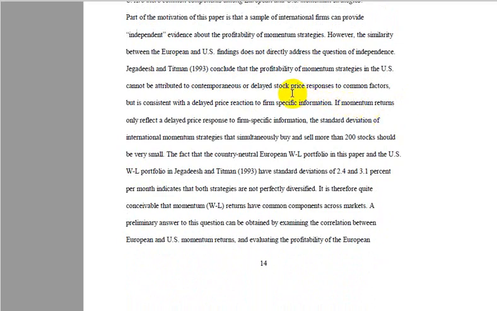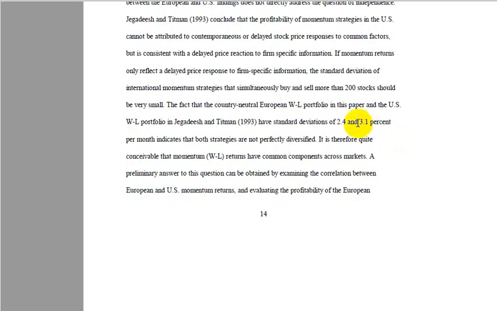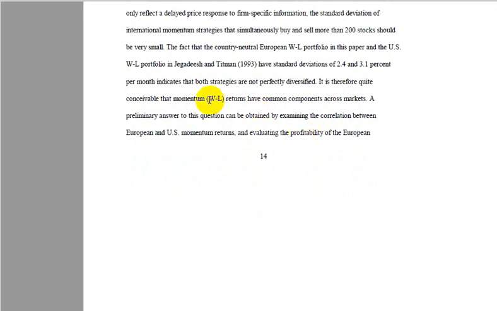And if it's due to firm-specific information, then if you buy a portfolio of more than 200 stocks, those idiosyncratic returns and risks should be diversified, and the standard deviation should not be very large. But since we found pretty high standard deviations per month, we could say that these strategies are not perfectly diversified. And so in that case, there could be some common factors or components across markets that are being used in these portfolios.